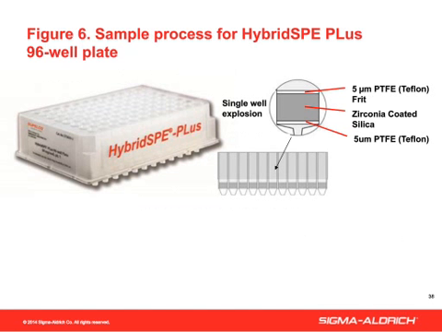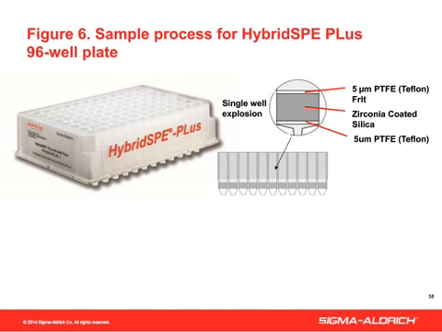And so just to give you a breakdown of what the Hybrid SPE plate looks like and how it works, it is a 96 well plate format. It is designed with a Teflon frit on both the top and bottom of the well plate. And then there is a packed media in between that is the scavenger to remove the phospholipids.